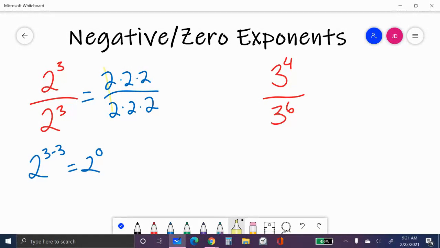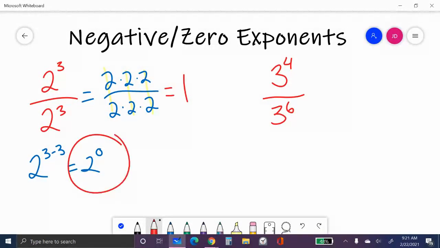So these would cancel, these would cancel, and these would cancel. When things cancel in a fraction, it's 1, not 0. If you take anything and divide it by itself, it's always going to equal 1.